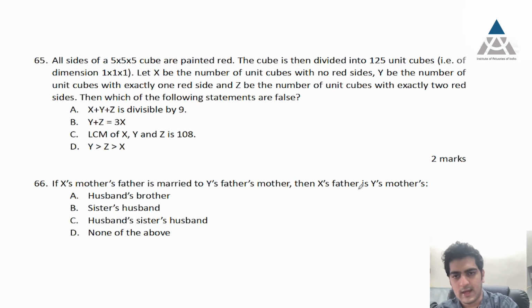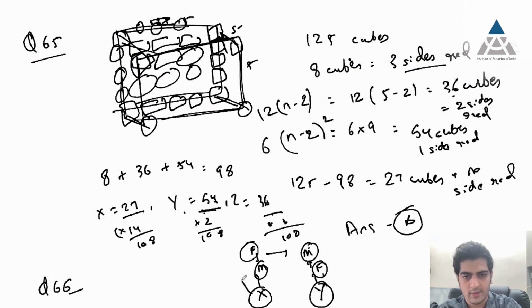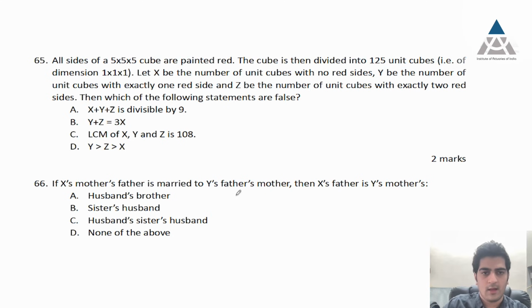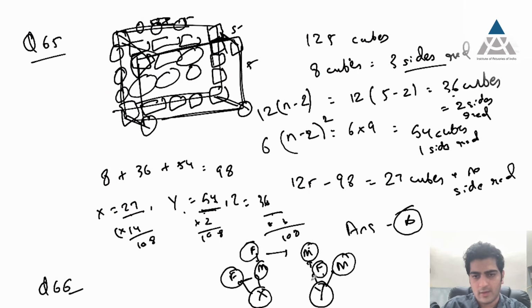Okay. Then x's father, that is x's father, is y's mother's what? So now here you can clearly see that x's mother's father and y's father's mother, this is the same couple, which means this person and this person are brother and sister, right? So this is the sister and this is the brother.